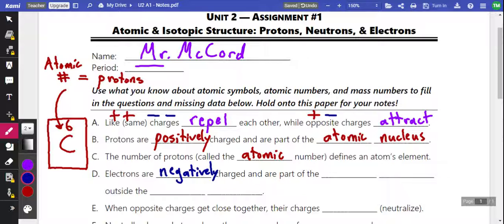It's a charge attraction. So the protons and the electrons attract each other, but the electrons are too light, too fast to be just held tightly into the nucleus. So instead they're part of what we call the electron cloud.